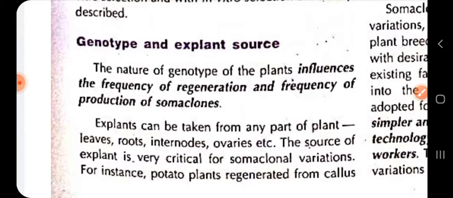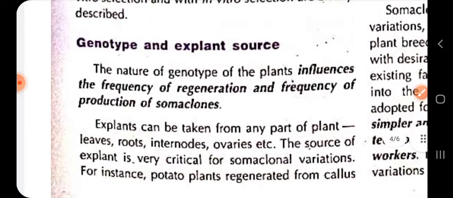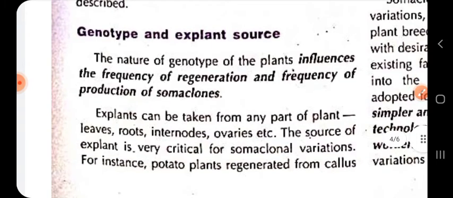The nature of genotypes of the plants influences the frequency of generation and production of somaclones. That means depending on what type of genotype and explants we are using, the genotype contained within that explant will affect the variation in somaclones.